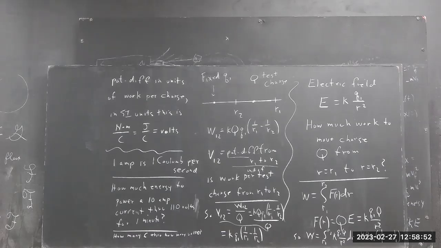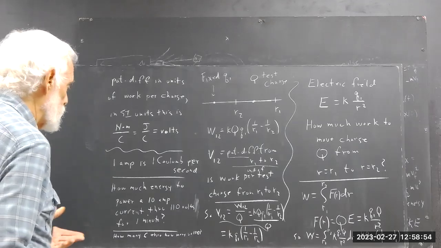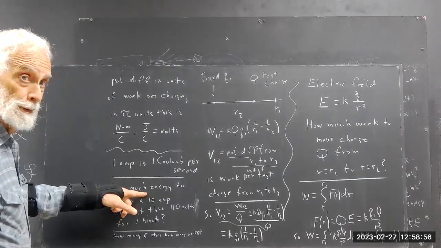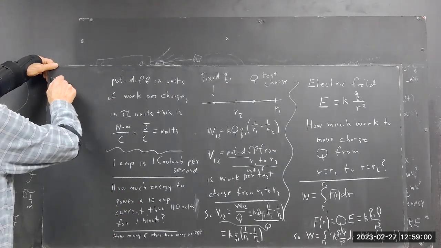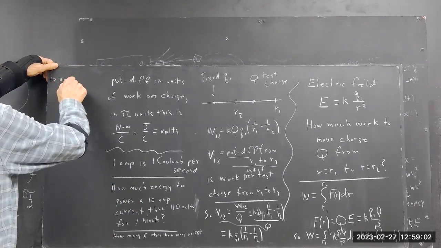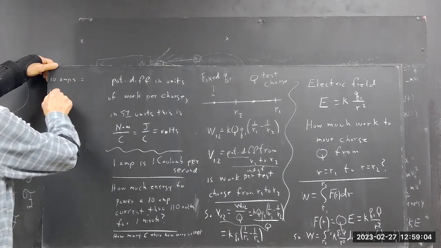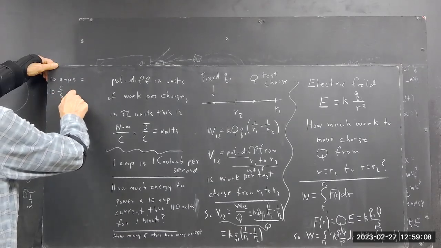Well, reasoning this out, you've got 10 amps, a coulomb per second.